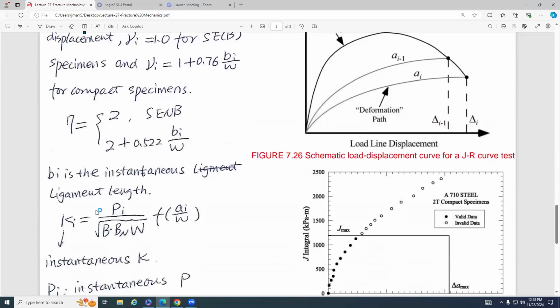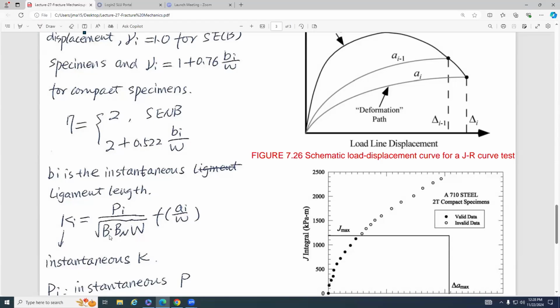This is K_i, the instantaneous K. Now this K_i equals P_i, the current load, over the square root of B times B_N, where B is the gross thickness, and B_N is the net thickness.